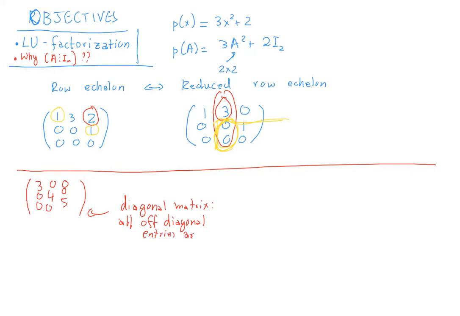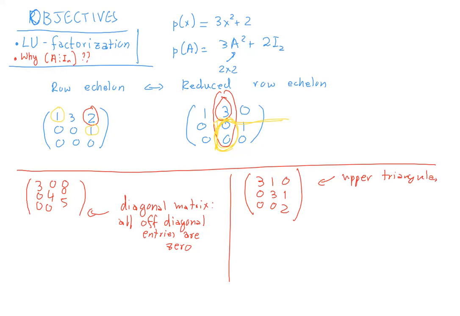Then we have the upper triangular matrix, like this one. So this is upper triangular. All the entries below the main diagonal are 0.